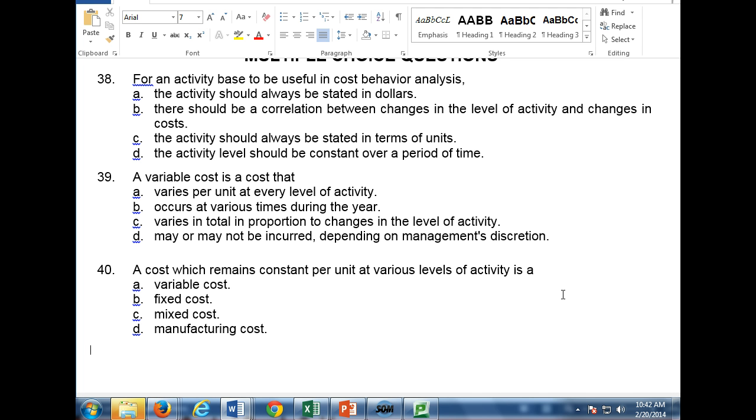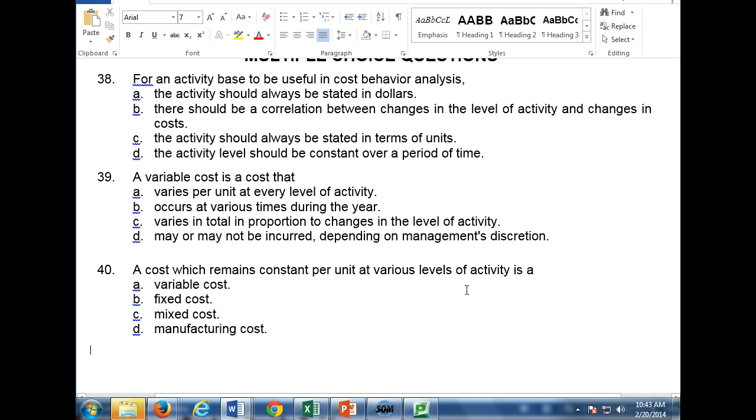What have we heard about variable cost? Variable costs vary, don't they? But they vary as it relates to, it's the same amount per unit, but they increase as our units increase, don't they? Do they vary per unit? No. They stay the same at each unit, but they increase as our volume increases.